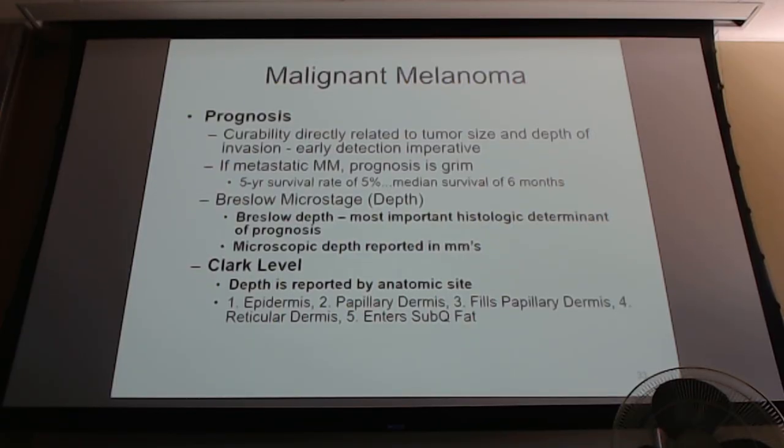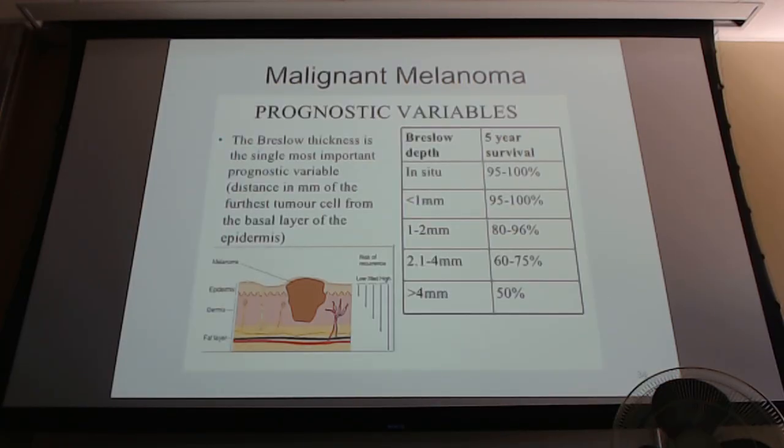So we are going to talk about that, and that will help us know what these ratings are. Like I said, there's that picture showing how far down it goes. So that's the survival, right? If it's in situ, so it's up on top, okay, that's pretty good.